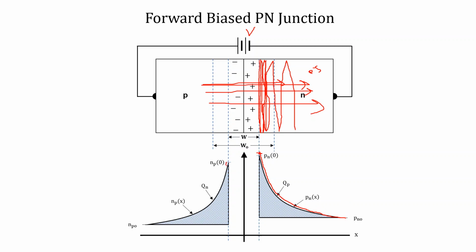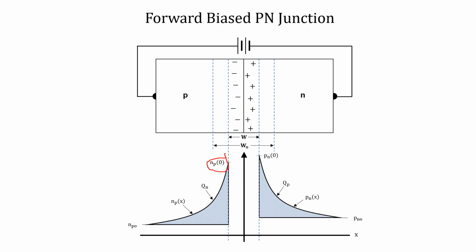Similar is the case for the P side region. Near the junction, density of minority charge carriers, that is electrons, is very high, and as they move into the P side, they will recombine with the holes and their density reduces. So Np0 means electrons in the P side at zero distance from the depletion region. This is the depletion region. So Np0 is the density of minority charge carriers at zero distance from the depletion region.